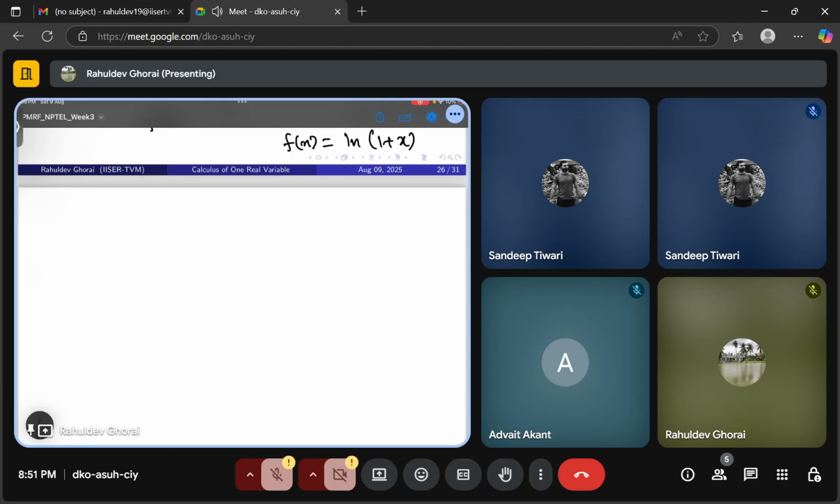It depends on differentiability, right? Okay. I found the question. Now I'll just put it.